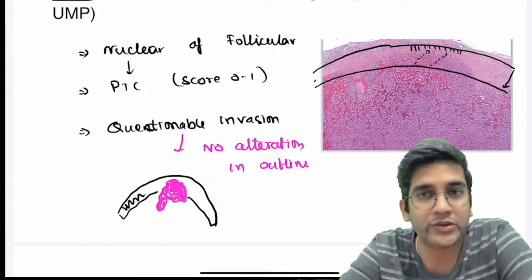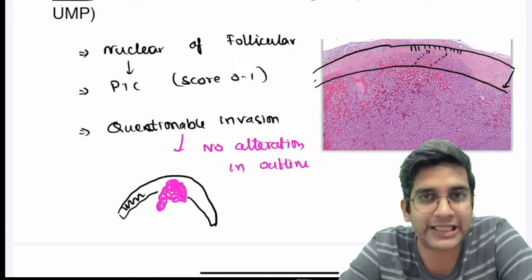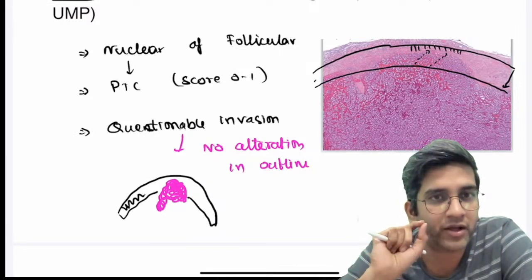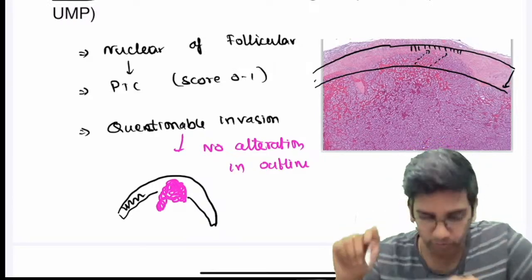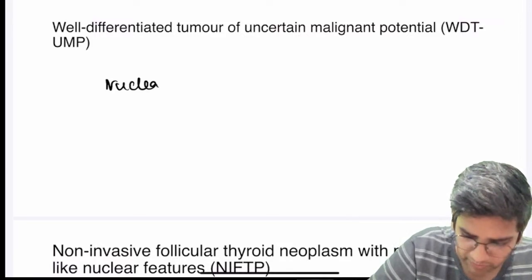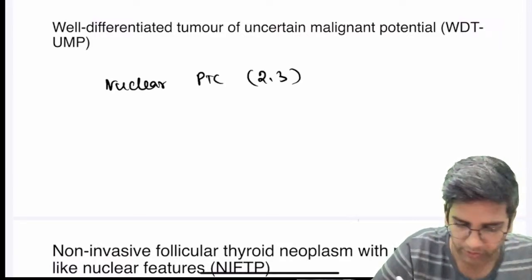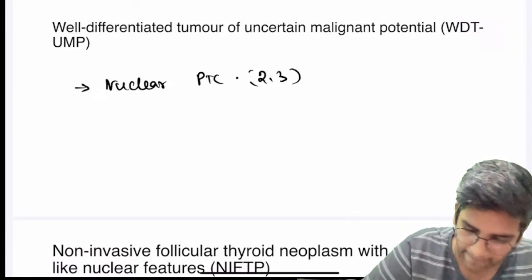The next one was a WDTUMP, a well differentiated tumor of uncertain malignant potential. Here, I'll have nuclear features of PTC, not a follicular tumor. It's a well differentiated tumor, right? In WDTUMP, nuclear features will be of PTC, score of 2 to 3.